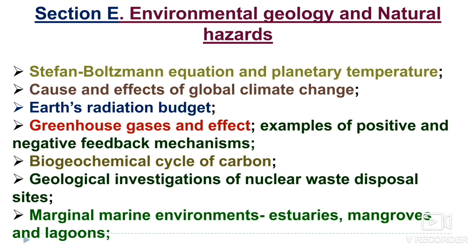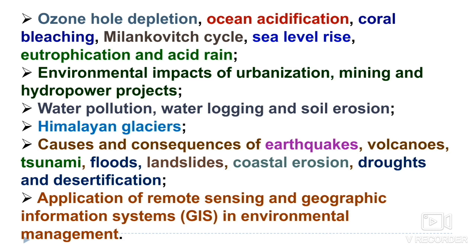Okay, and the marginal marine environment, in which you have to study about estuaries, mangroves and lagoons. And then ozone hole depletion, ocean acidification, coral bleaching, Milankovitch cycle, sea level rise, eutrophication and acid rain.